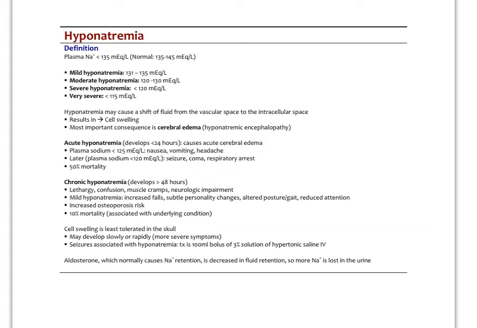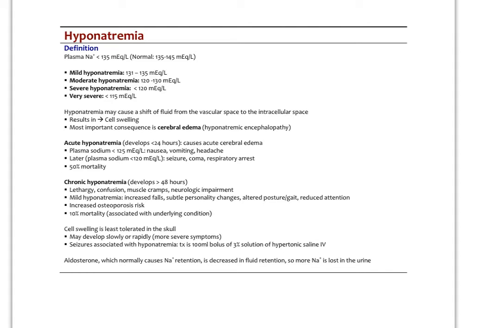Before I jump into SIADH in more detail, I need to say a little bit about hyponatremia, which is a fairly common thing we see in the clinic, and it's important to know when to be concerned about it. By definition, the plasma sodium is usually between 135 and 145 milliequivalents per liter. A CMP, complete metabolic panel, will include sodium as part of the electrolytes.